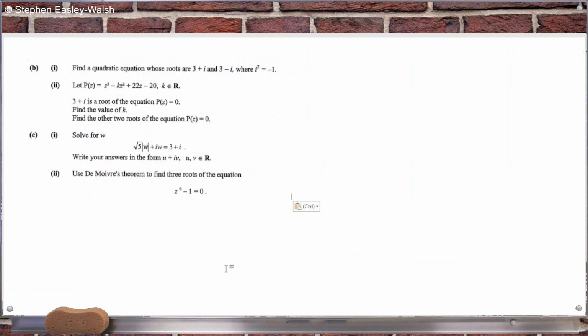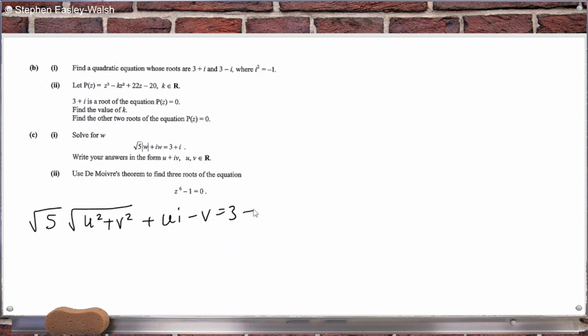Next now, we just want to solve that equation. So it's root 5 and then the modulus, so that's the square root of u squared plus v squared plus i times w, so that would be ui, and then that would be i squared v, so that's minus v.